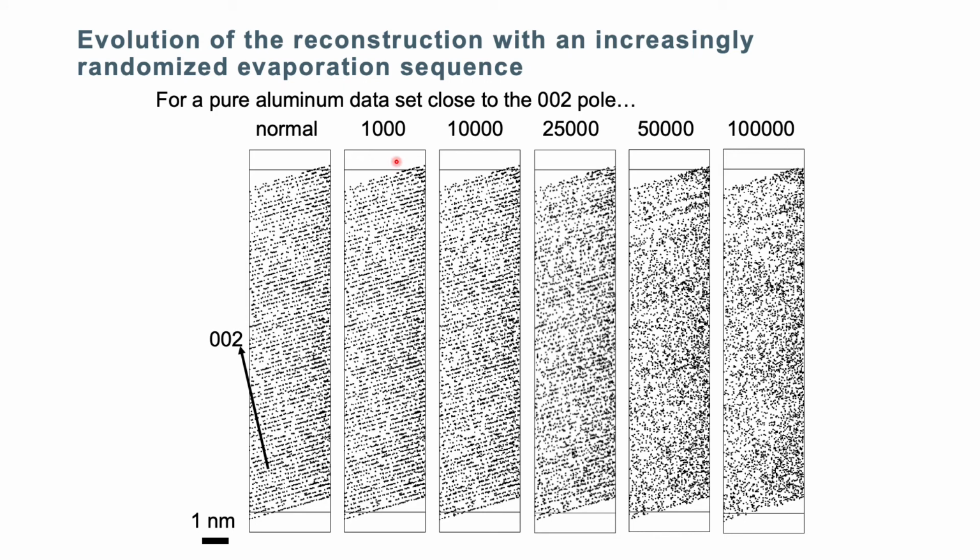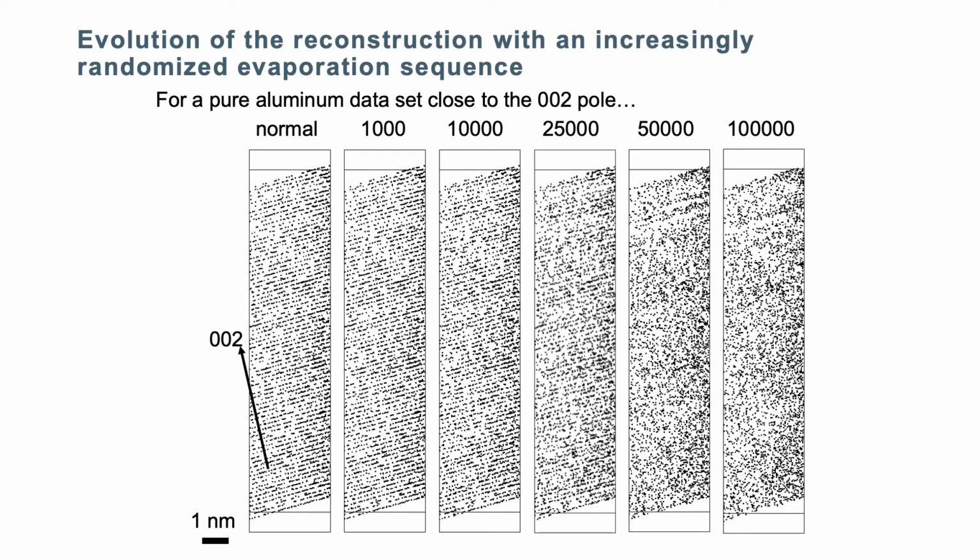And you can see that if I randomize over maybe 1,000 atoms, the difference is not very big. 10,000 starts to be a bit visible, but 25,000 atoms is very clearly degraded. And for 50,000 or 100,000, atoms just appear to be completely random in the data set. These are the exact same ions that I've detected. I'm just reconstructing them in a slightly different order.